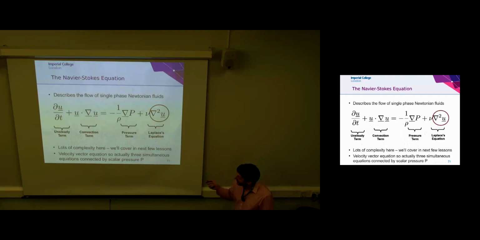But what that means is that for the Navier-Stokes equation, we've actually focused on this last term here, and this is Laplace's equation, if you like, when it's equal to 0. It's this second derivative here of u. We've done it for a single value, but the principle is exactly the same. This equation is actually 3 separate equations, so we've solved effectively one of those equations for Laplace.